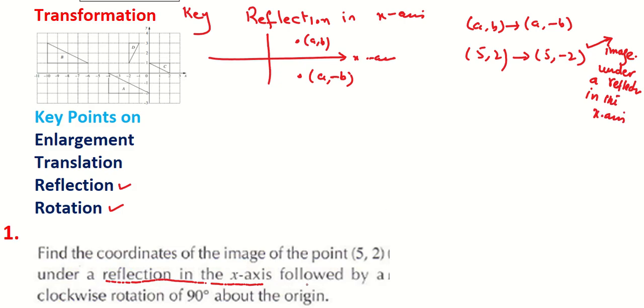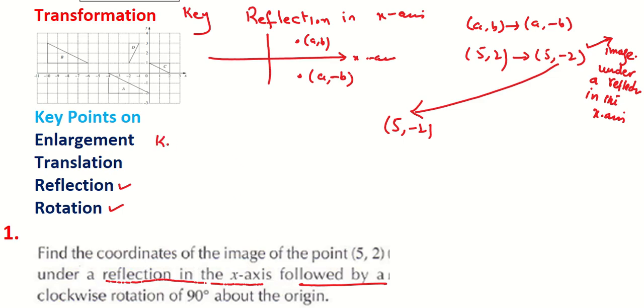We change the point (5, 2) into (5, -2). This is the image of (5, 2) after reflection in the x-axis. Now, followed by means we take the answer after the reflection, which is (5, -2), and apply a clockwise rotation of 90 degrees about the origin.